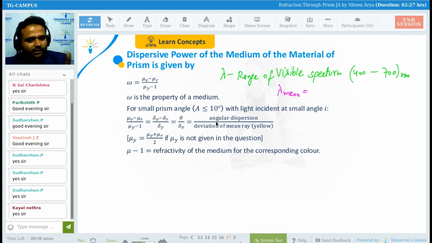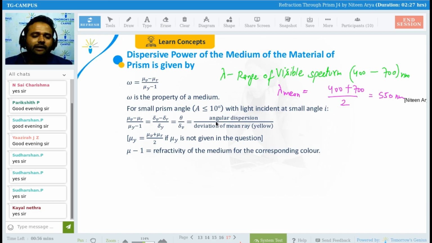Basically it is going to be 400 and another value, but I don't know different values. So what I can do is initial point plus final point divided by 2. So in between we get the median point, that is 1100 divided by 2, which is 550 nm. And when we find this yellow color wavelength, it is automatically the mean ray. So that is why we put mu y.